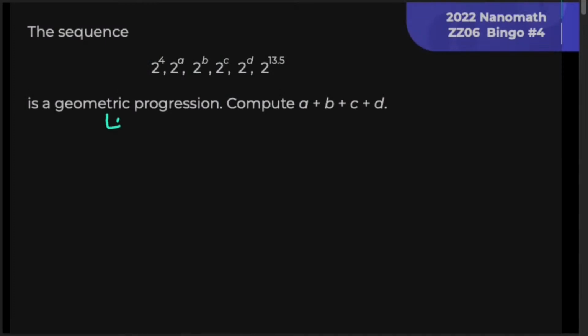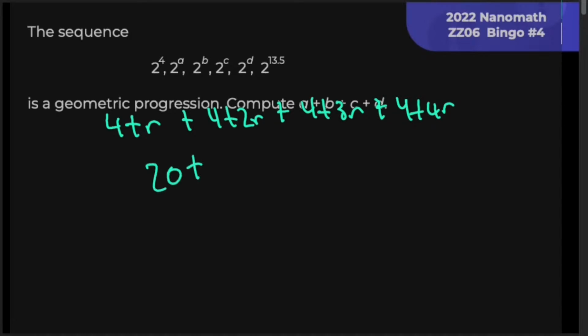So we have 4 plus r plus 4 plus 2r plus 4 plus 3r plus 4 plus 4r. Oh gosh, I wrote over the question, but this actually sums to 20 plus 10r. And we know that r was 1.9. That means we have 20 plus 19, which is 39. So I'm going to say that the answer is 39.